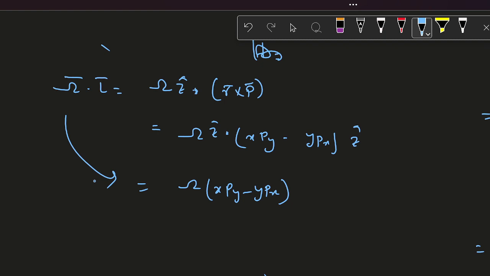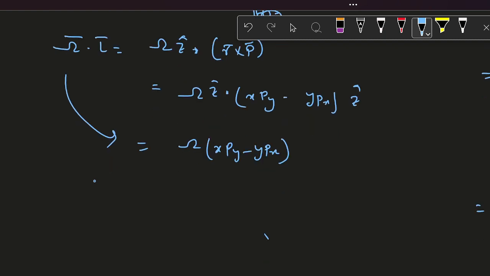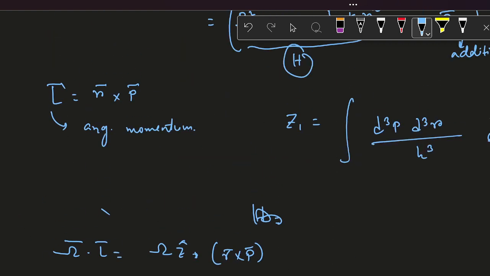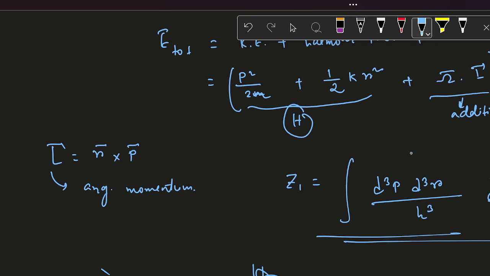So then what you have to do is calculate your partition function Z1. You just have to calculate that integral that I wrote here, so you have to break it down further. To calculate the integral, you can replace the values of omega dot L and also the value of H, because I have written it down already.